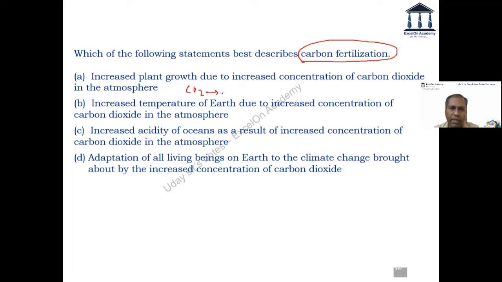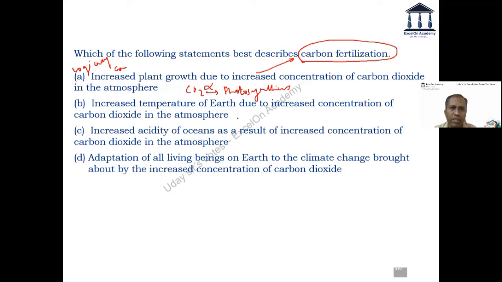If the CO2 is high, can I say the photosynthesis will be high? CO2 is directly proportional to photosynthesis. I don't know whether this is called carbon fertilization, but this statement seems to be logically correct. So I'll keep it at the back of my mind.